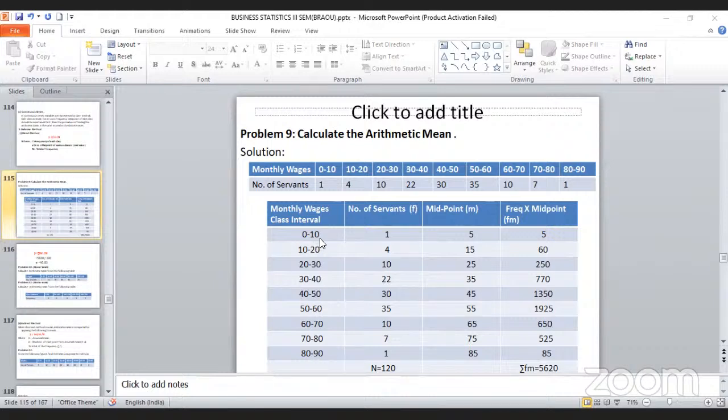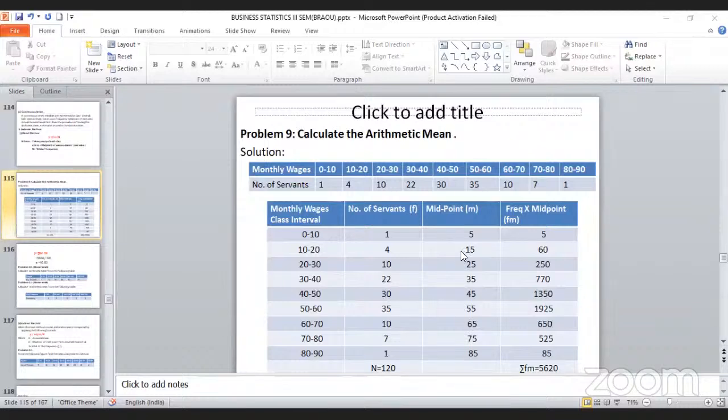Lower limit plus upper limit divided by 2, because we have two values, the lower and the upper. So divided by 2. Here lower is 10, upper is 20. 10 plus 20, how much? 30. So how many values did you add? 2. 30 divided by 2, you got 15.